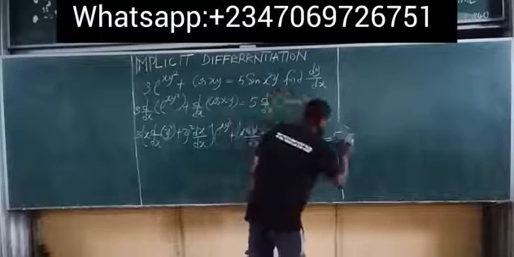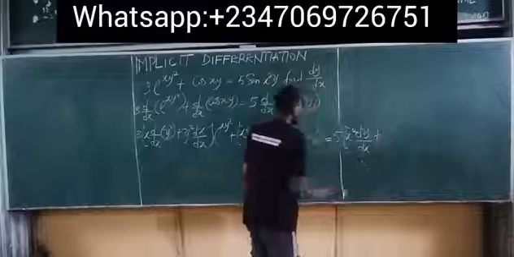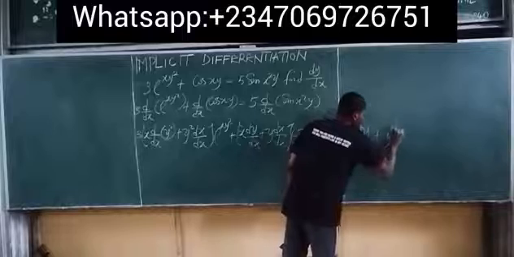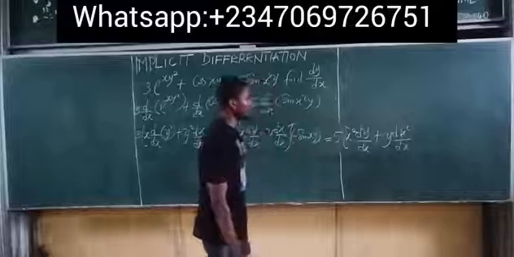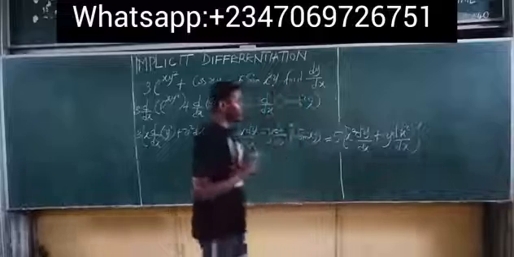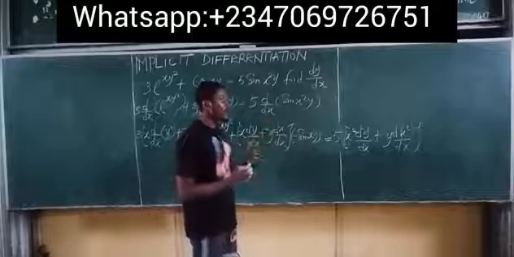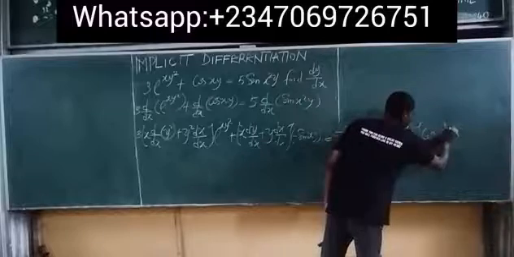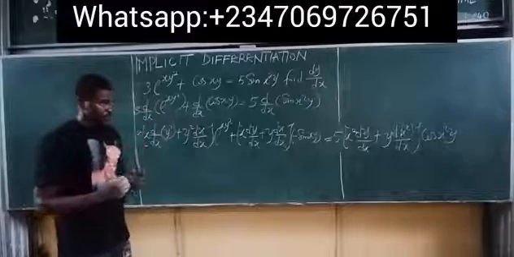I will simply have x squared held constant, then differentiate y with respect to x, plus, now you keep y and differentiate x squared with respect to x. So plus y times d of x squared over dx. Okay, and you use this derivative now to multiply the derivative of the trig function itself. If I differentiate sine, I will simply have cos. So simply attach cos x squared y. So this becomes the derivative of that given function.